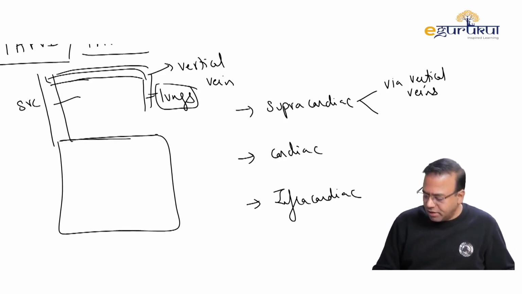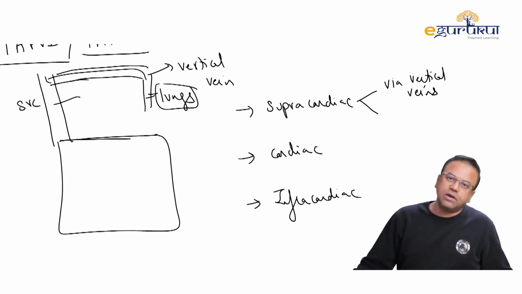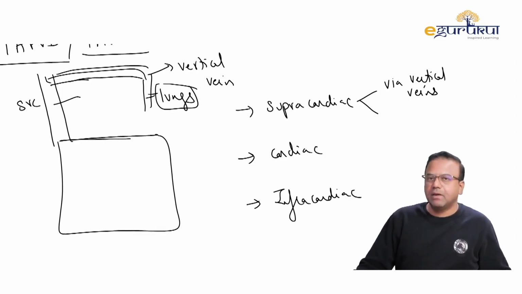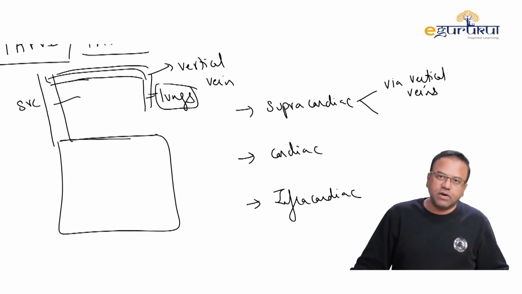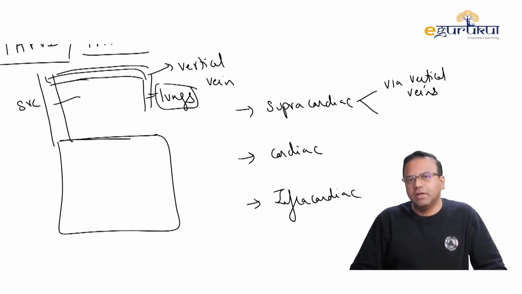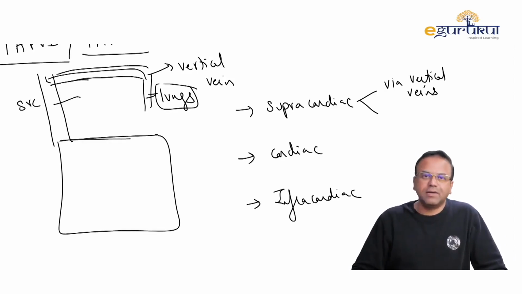The worst prognosis in infracardiac type is mainly because obstruction is very likely in infracardiac type of total anomalous pulmonary venous drainage.